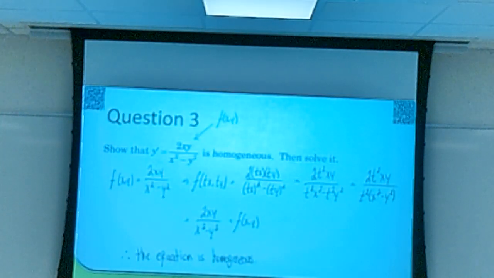Hence, the equation has to be homogeneous. This allows us to use that substitution.